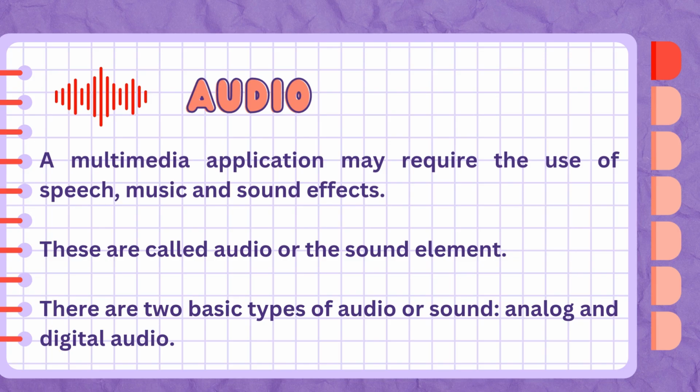Audio in the context of multimedia refers to the files and devices associated with the recording, processing, storing, and delivery of audible sounds like voice, music, and noise, which can be stored as audio files in multiple formats such as WAV, MP3, and AIFF, and can be delivered through speakers or headphones.